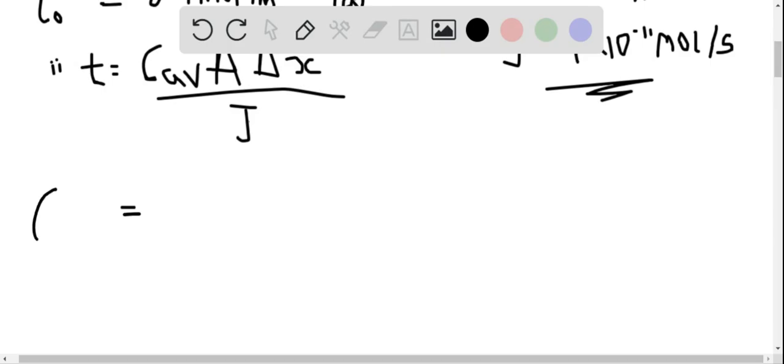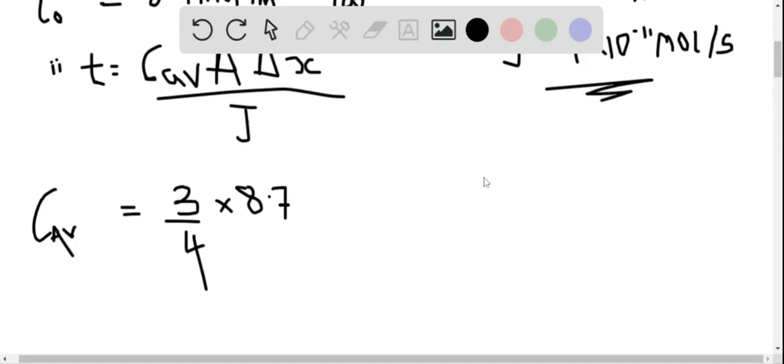So C average would be 3 over 4 multiplied by 8.7.